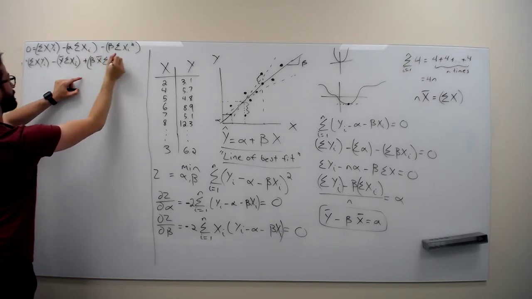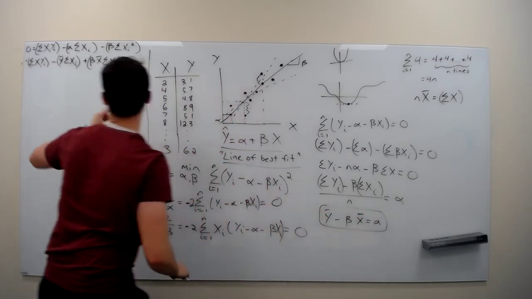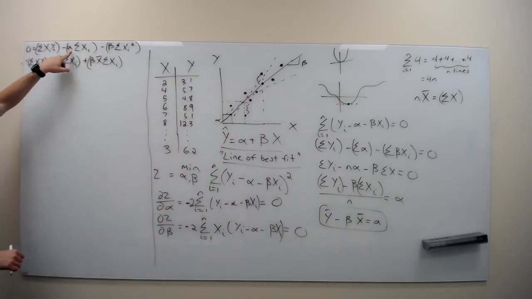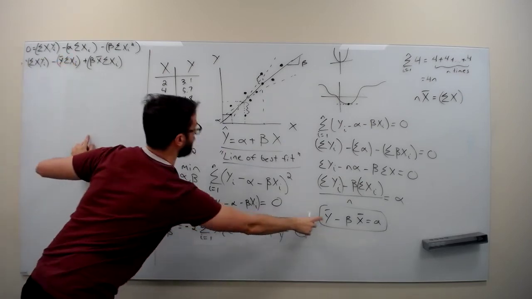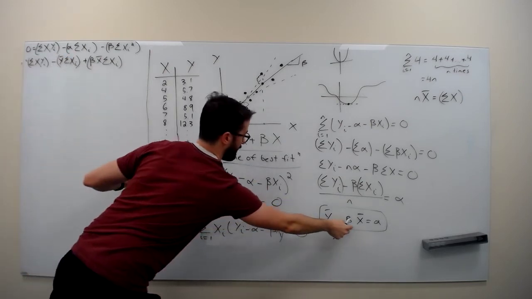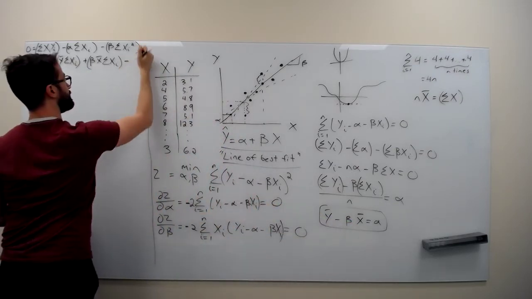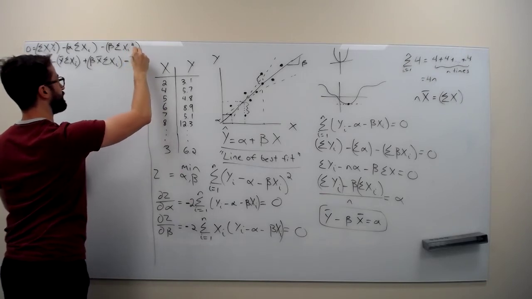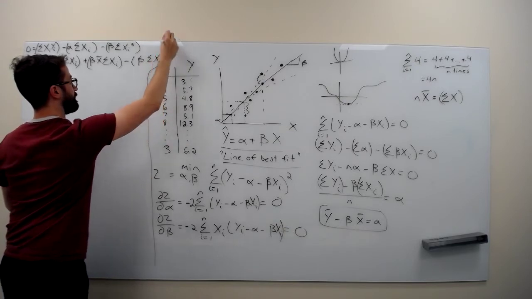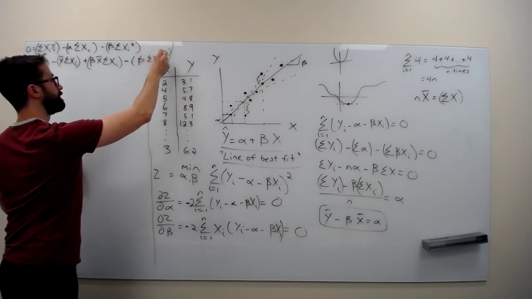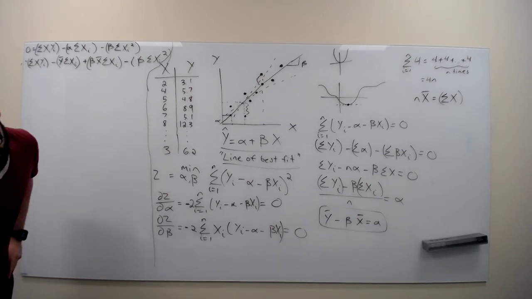And again, all I'm doing is plugging in alpha, y bar minus beta times x bar equals alpha, into here. That's why I get the sum of xi times my y bar, and my beta x bar over here times the sum of xi. Minus beta sum of xi squared. Okay, need another parenthesis. A little sloppy, but you kind of get the gist. Okay, so that is step 1.